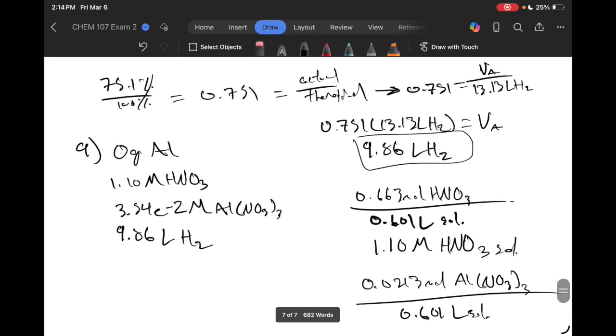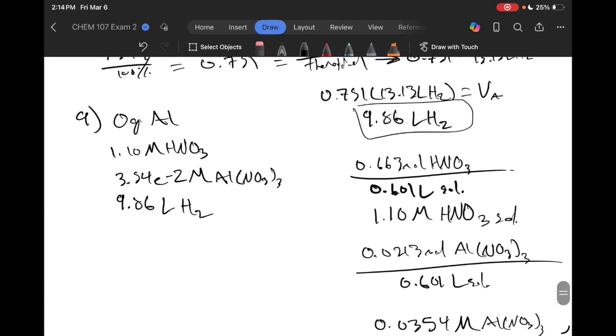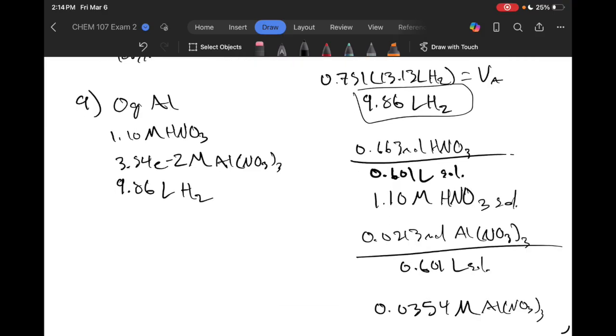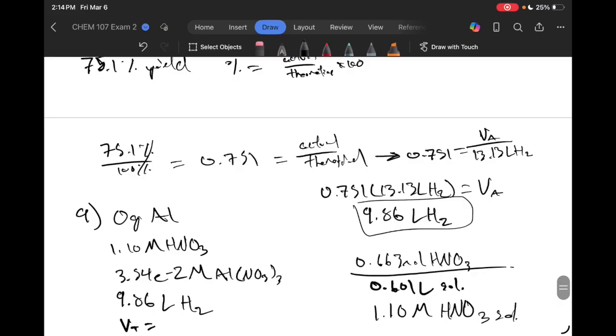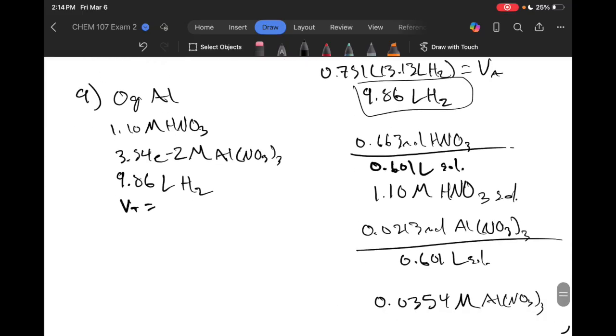We were asked to find our theoretical volume, so we'll say V theoretical is equal to 13.13 liters of H2.